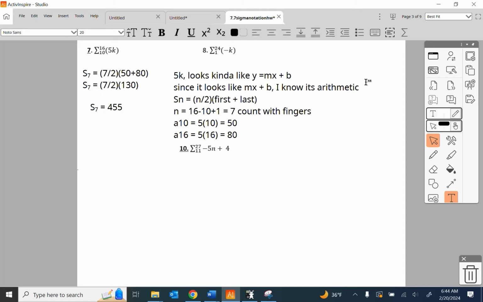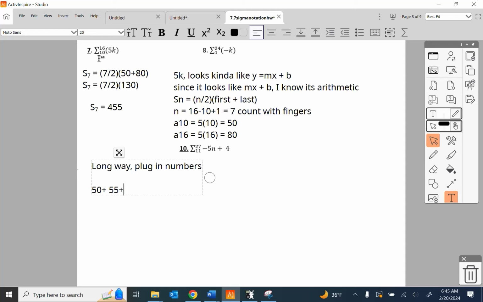All right, that's that. Oh, by the way, here's the long way. Plug in numbers. The first term happens when I plug in a 10, that's 50. The next thing happens when I plug in an 11.